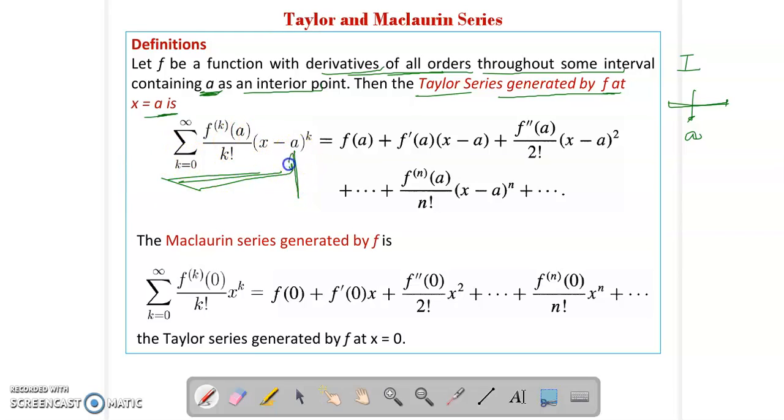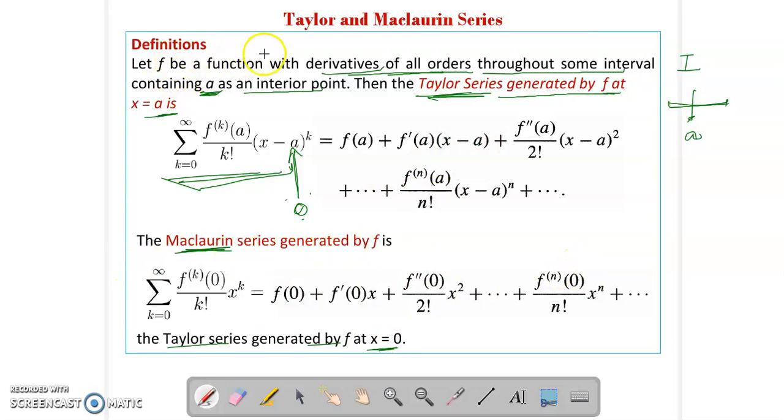And if this a happens to be equal to 0, then we call this Taylor series the Maclaurin series. So the Maclaurin series generated by f is basically the Taylor series generated by f at x equal to 0. So in place of a, you just write 0 and we have the Maclaurin series, right?